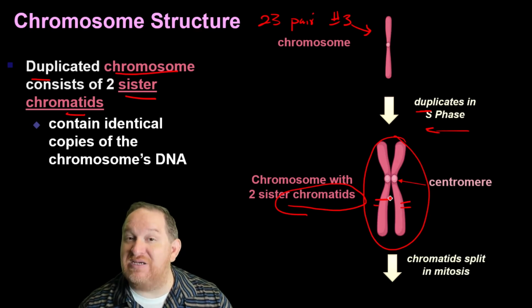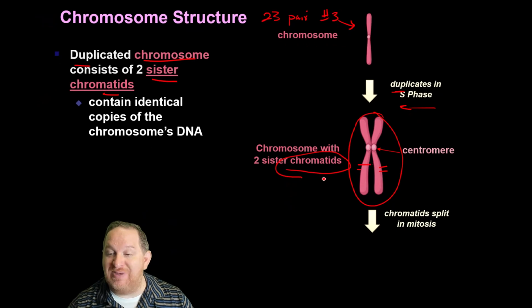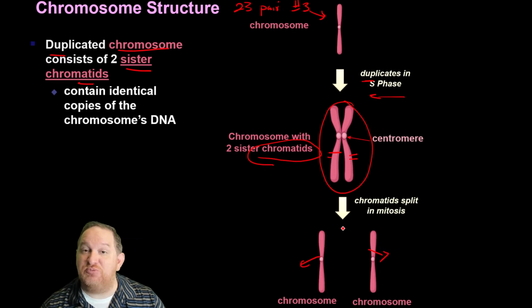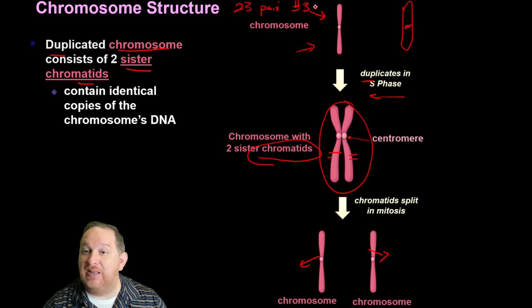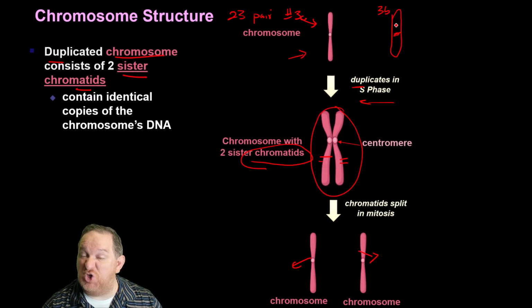Then, when we get to mitosis, which we'll go over in great detail in a moment, those chromatids actually split and will end up going into separate cells. So this preserves our DNA, right? We had a number 3. And by the way, remember you've got 2 number 3s, so you might have another one over here that's doing the same sort of thing, but we're focused on, let's say this is 3A, this is 3B, because remember, humans, we have 2 of each.